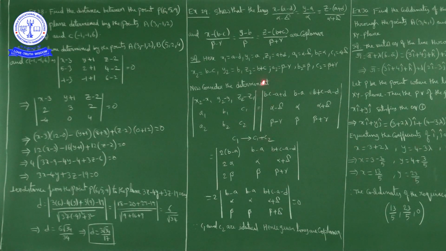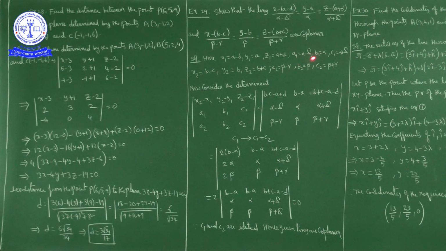Now this determinant, what we get? x2 minus x1 means b minus c minus (a minus d), nothing but b minus c minus a plus d. y2 minus y1: y2 is b, y1 is a, so b minus a. z2 minus z1: z2 is b plus c minus (a plus d), nothing but b plus c minus a minus d.